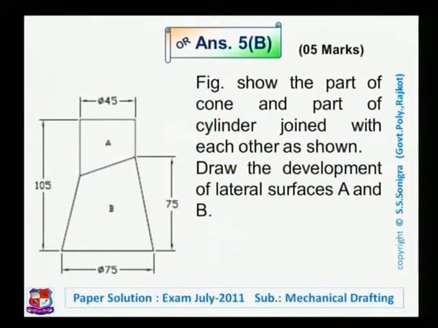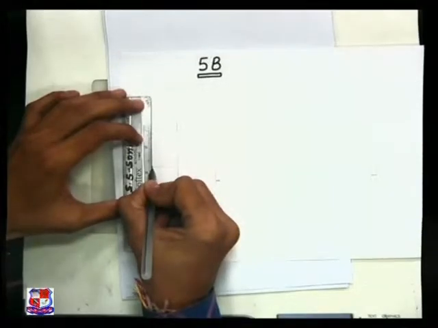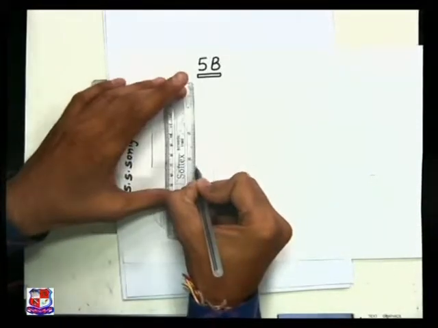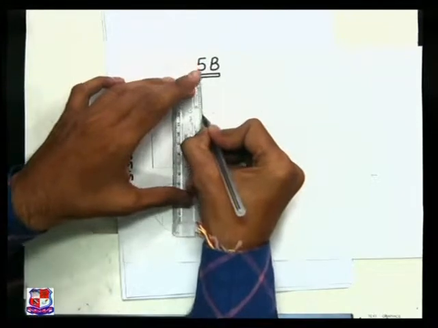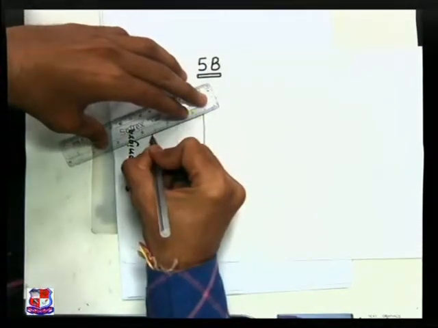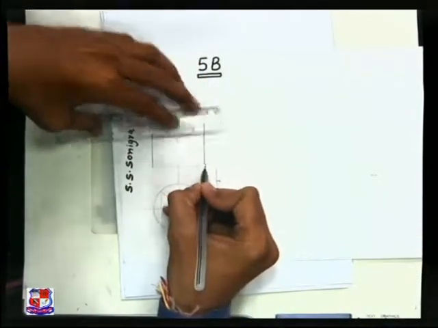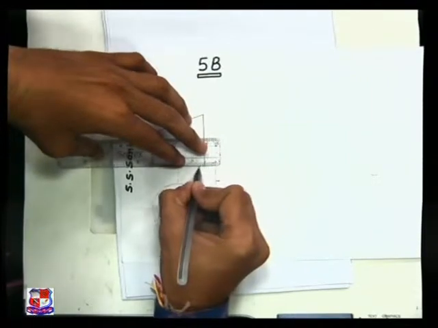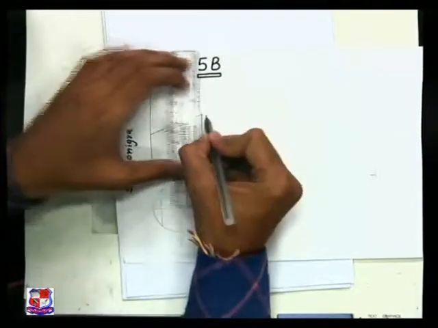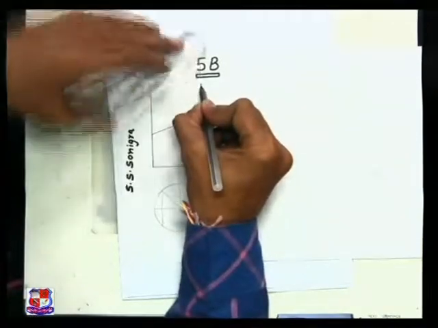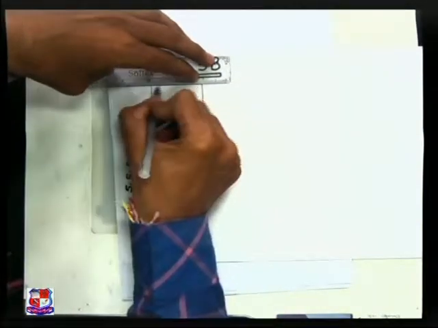It is given like this. In top view, it appears as a circle. In the front view, it appears as a cylinder, as a rectangle. It is cut like this. This is the top view, and this upper portion retains with us, and the lower portion is removed.